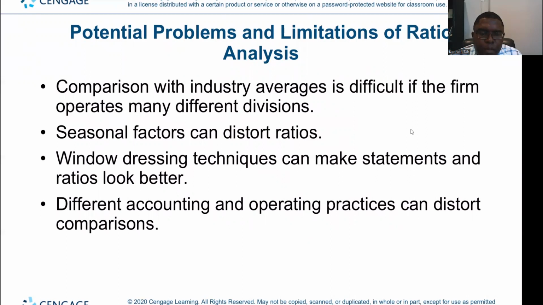Another potential problem is that there are seasonal factors that can distort these ratios. Another potential problem is window dressing techniques. Management could do things that can alter some of these ratios. Another potential problem is the different accounting and operating practices that can distort comparison of these ratios.